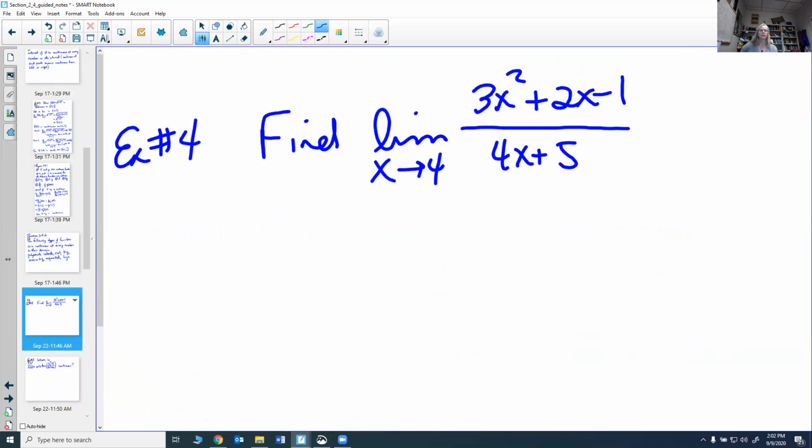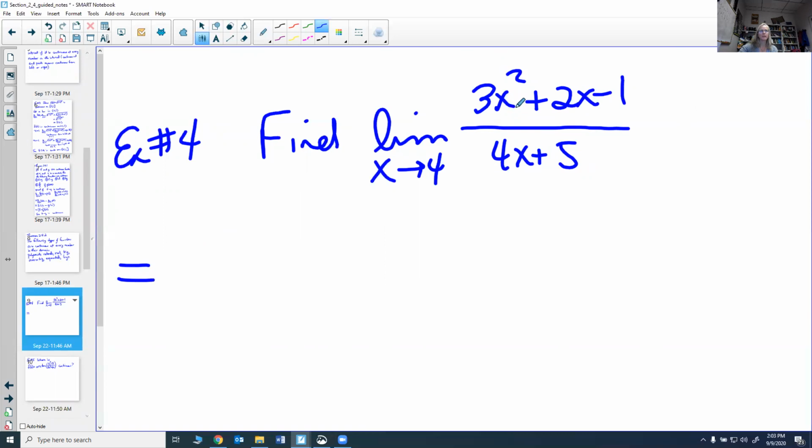So let's do a few examples of trying to find some of these. Let's find the limit as x goes to 4 of 3x squared minus 2x minus 1 over 4x plus 5. Because they're continuous, I can use the fact that if they're continuous, the limit should equal the function value.